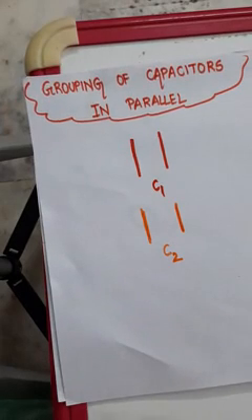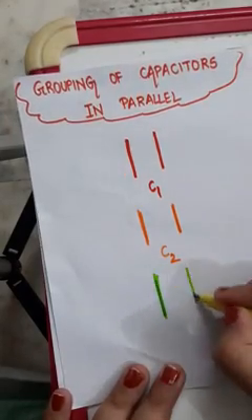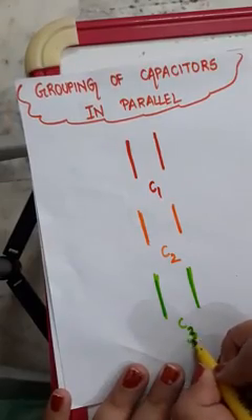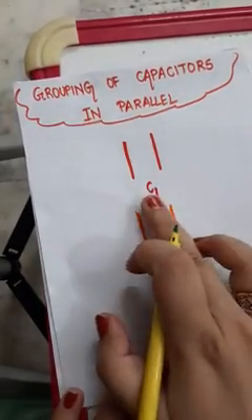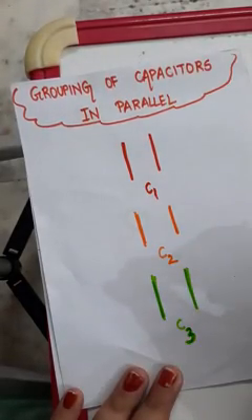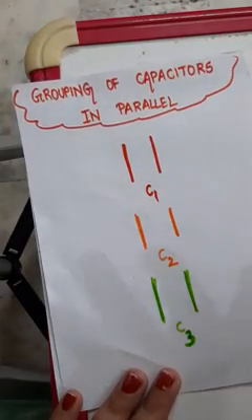And we also have a third capacitor here. Suppose this is a third capacitor having capacity C3. Now these three capacitors having three different capacities are connected in a parallel combination.